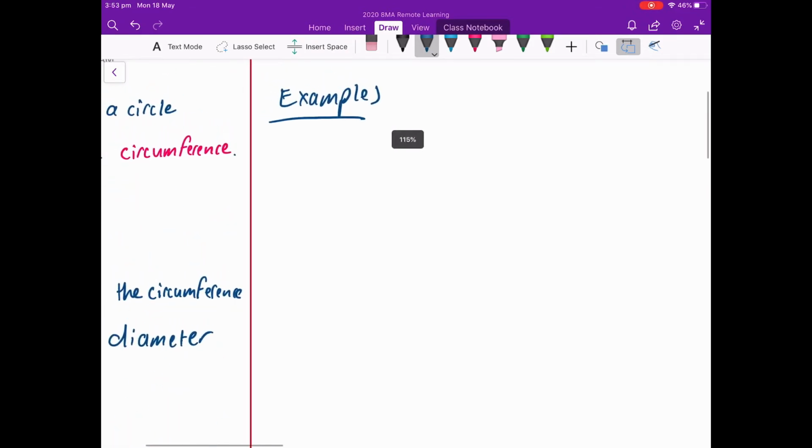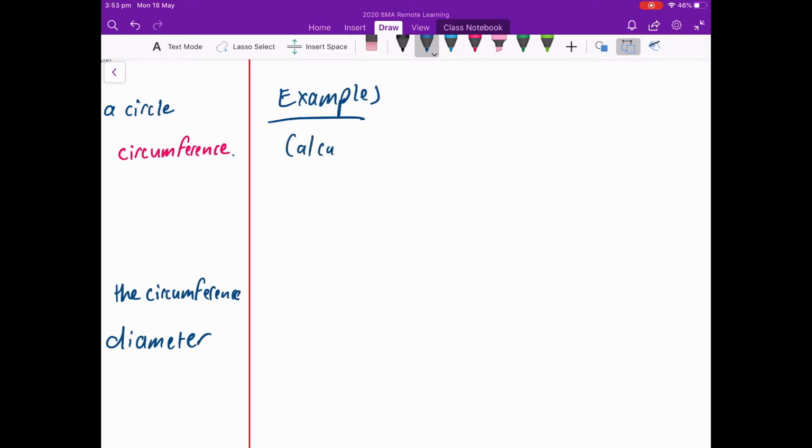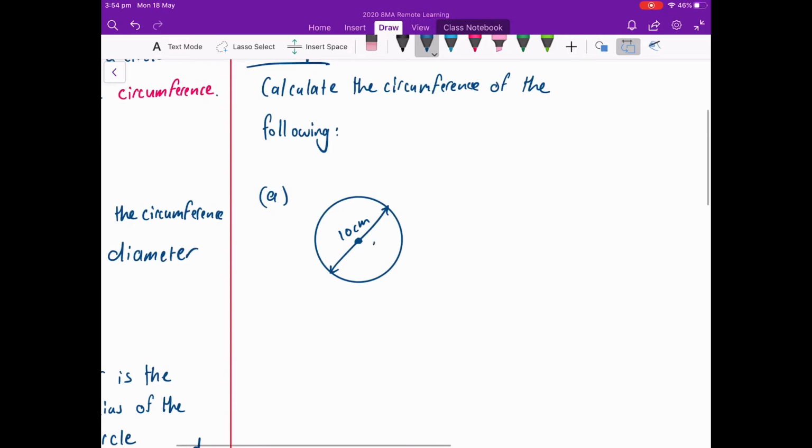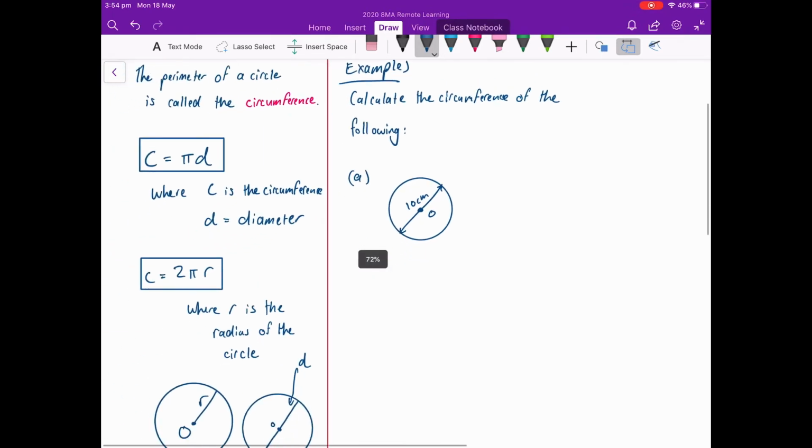We're going to calculate the circumference of the following. If I had a circle with a diameter of, say, 10 centimeters, where O is the center of the circle, I'd look at which formula I should use.